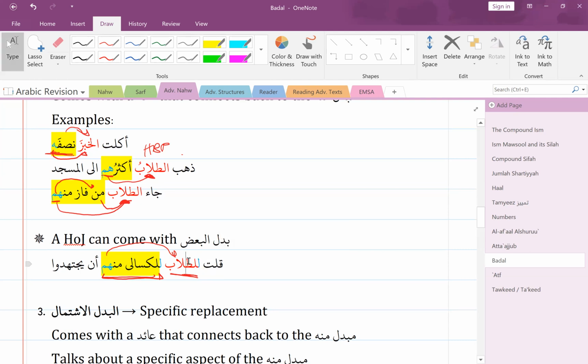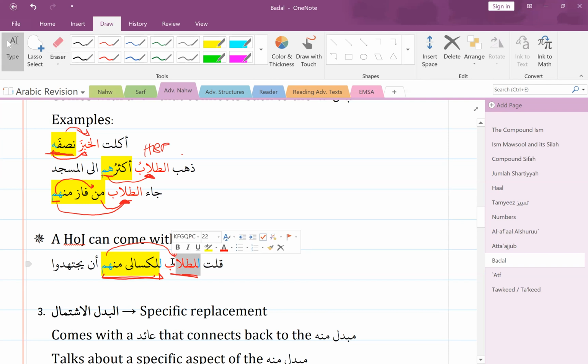Okay, I'm unclear on this particular point that a harf of jar can come with badal al-ba'd. Is the harf of jar with tulabi or is it with this one? Yes. So you see, because the mubdal minhu came with a lam, so قلت للطلاب, it came with a lam, right?